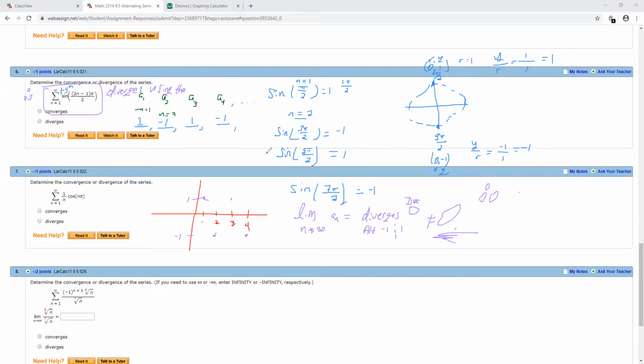We don't even have to get there because this first step that we always check, the limit of the individual terms as you go forever, does not equal zero. Using the nth term test for divergence.